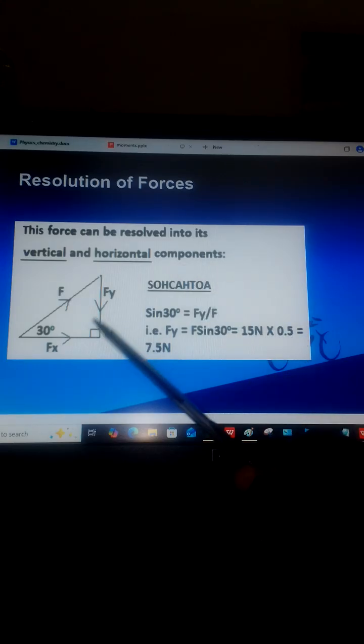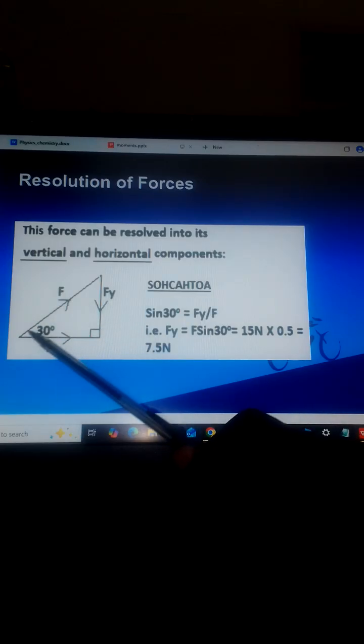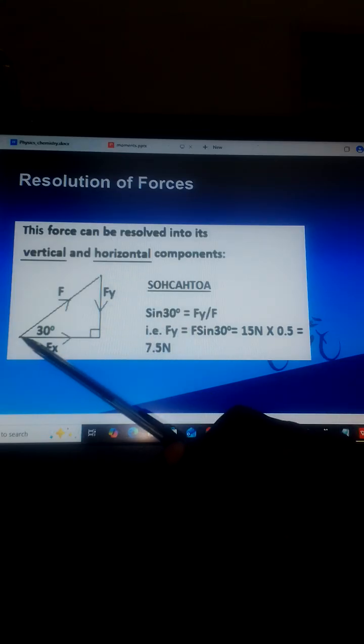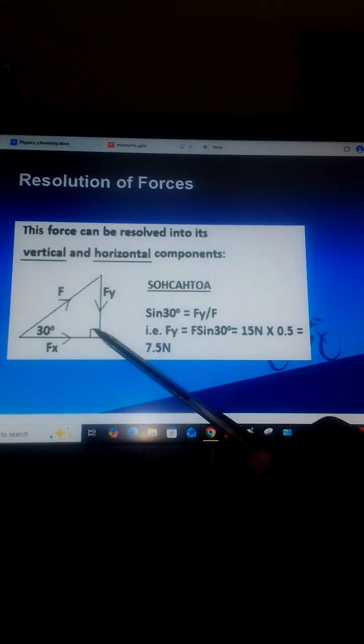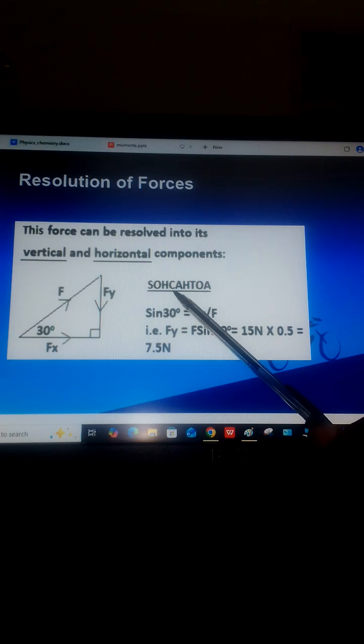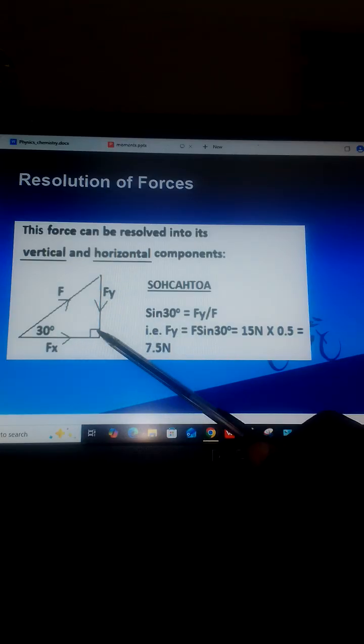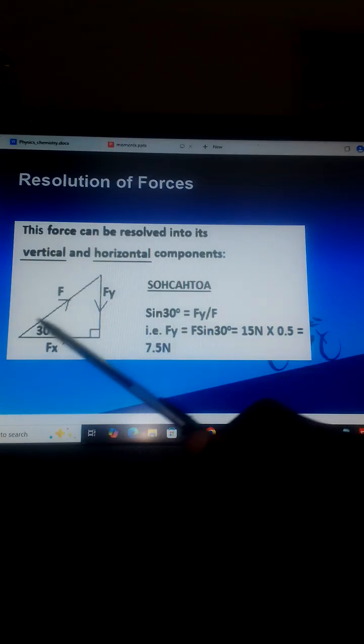Let's consider a right angle triangle whereby this is the force in the pulley system. It has the vertical component and the horizontal component. Using trigonometry, the sine of this angle is equal to the opposite side over the hypotenuse.